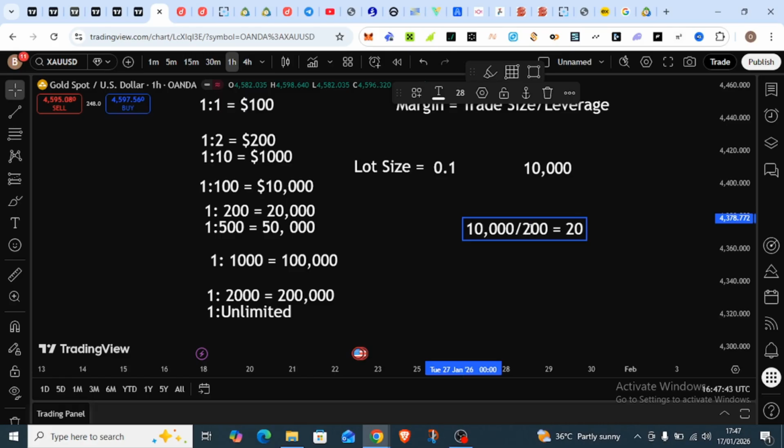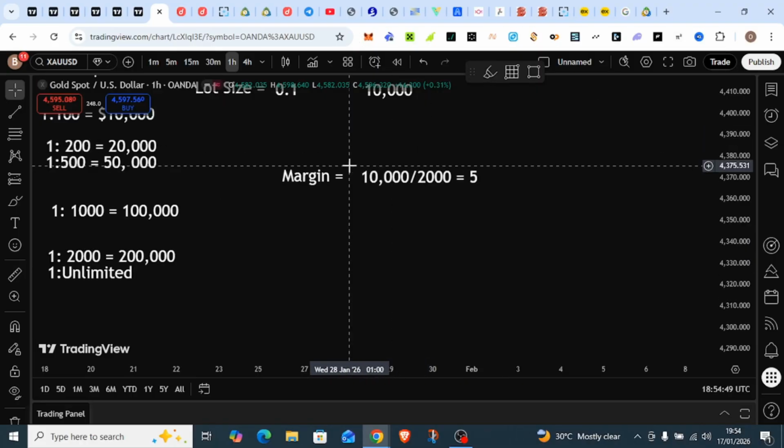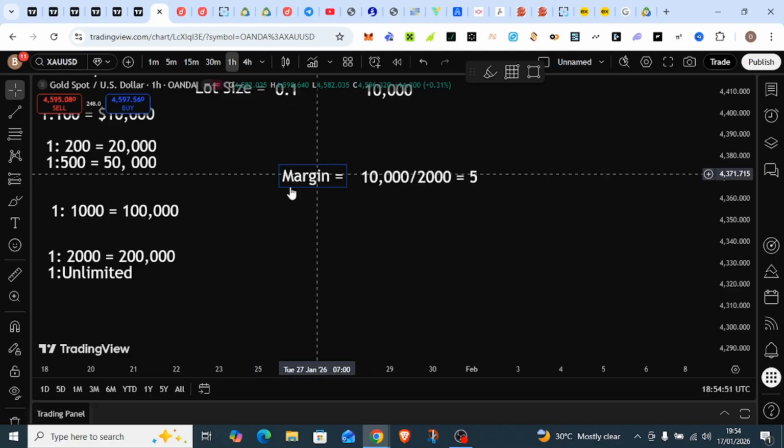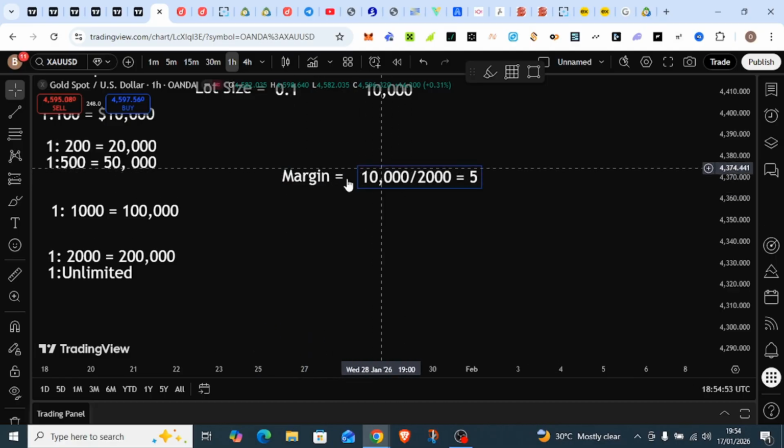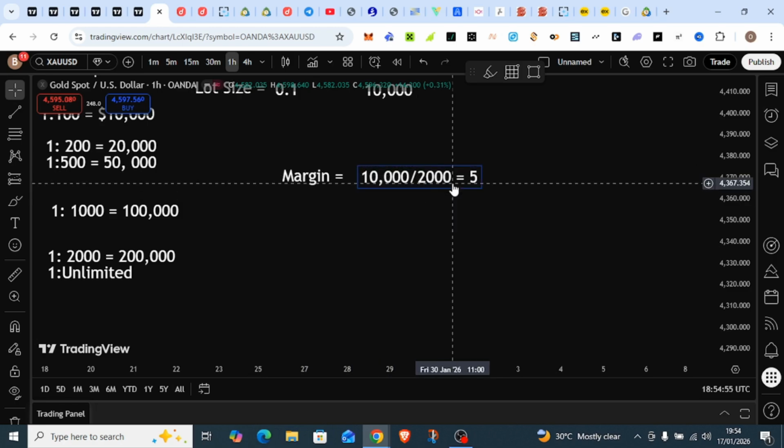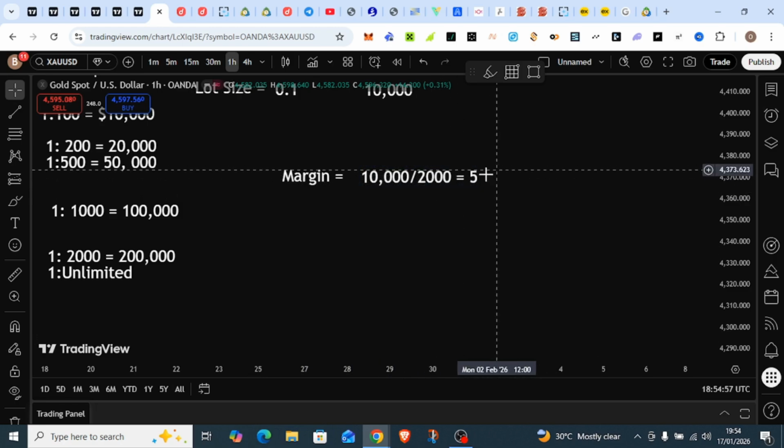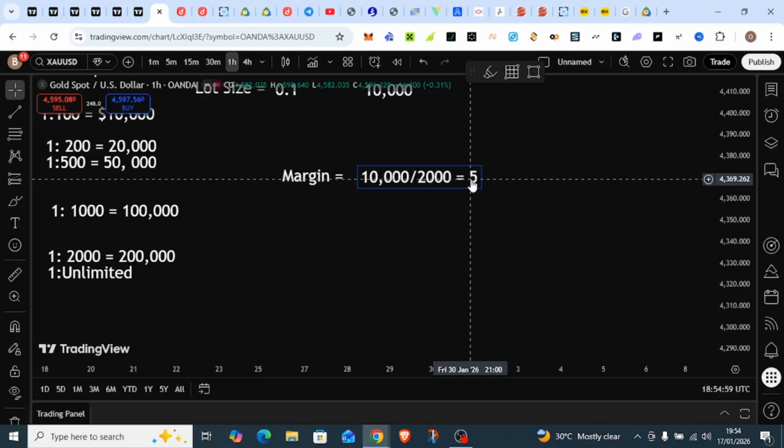Let's write 2,000 here. Margin is equal to the 10,000 units over 2,000, which will give $5 margin.